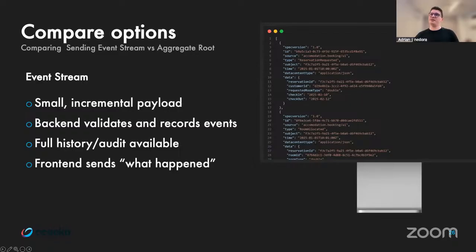Let's compare a bit the options that I have presented previously: sending the event stream versus the aggregate route. Let's focus a bit on the event stream. This tends to have a larger payload, and it uses a lot of network, but it gives you a rich audit trail and better insights into how the user has behaved on the website.